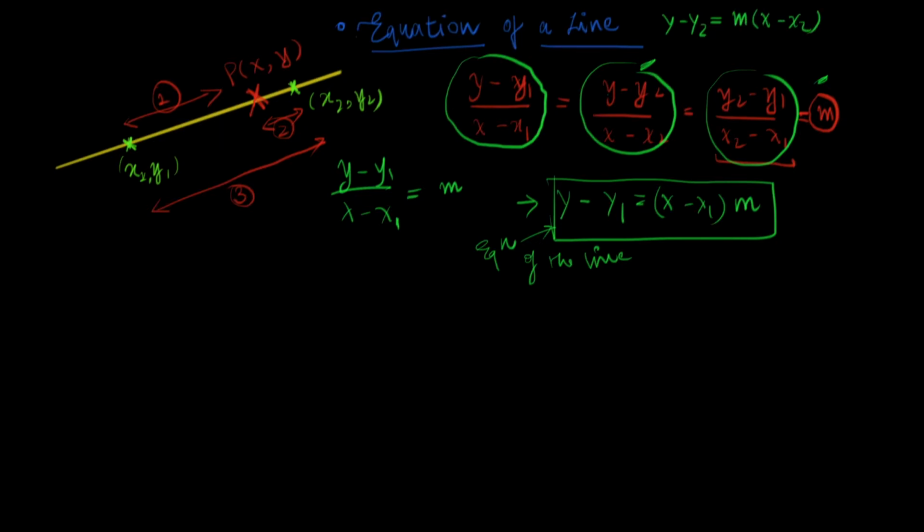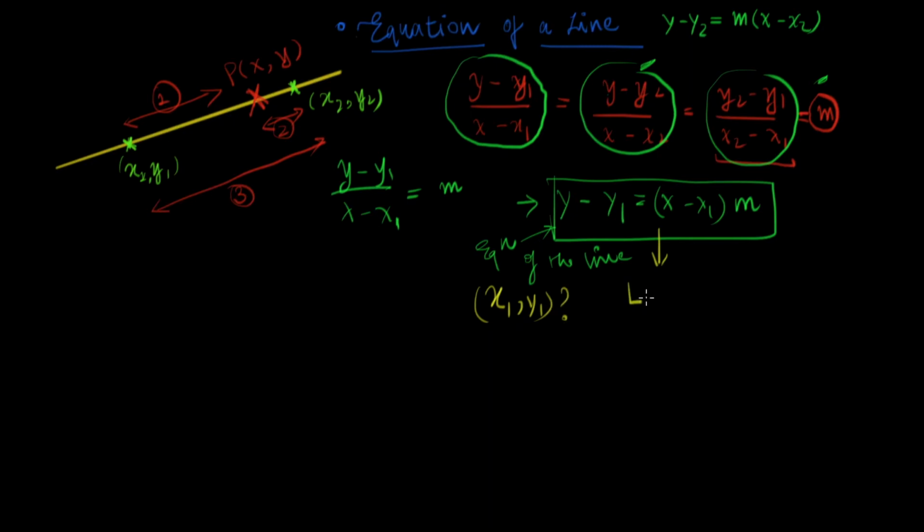Now, let us check if one of the points satisfies the equation. As we know from our previous discussion, if a point satisfies the equation, that means the LHS equals the RHS, then that point lies on the line. So, let us take this equation, and see if x1, y1 lies on the line.